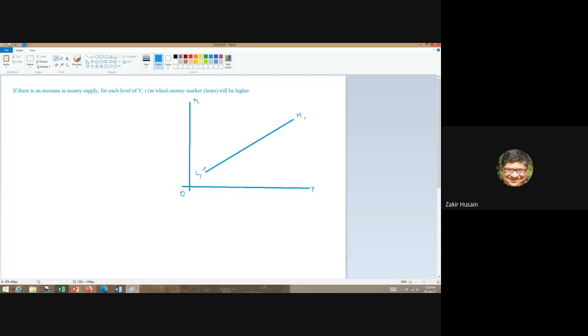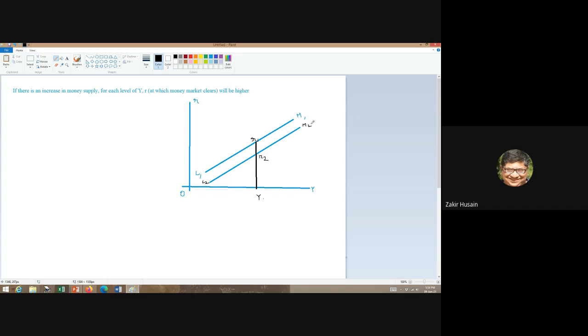When money supply goes up, for the same level of Y, the rate of interest will be lower. Okay, so this is R1, this is R2, and Y is the same.